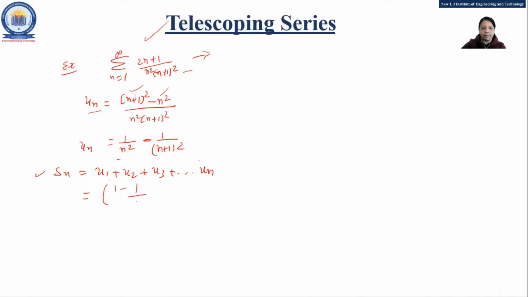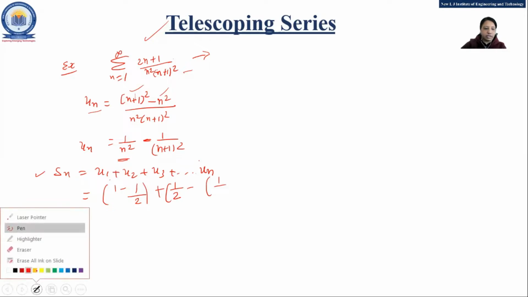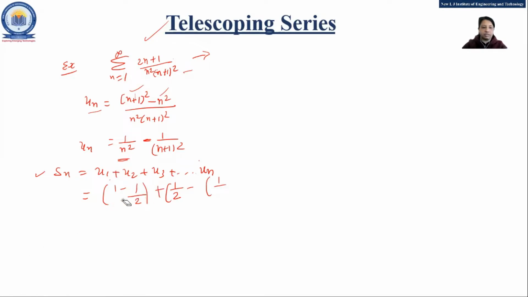First we'll apply it in this only. So it will be 1 upon u1, that is 2, and the bracket is not supposed to be there. Just put n equal to 1 into this, and again just put the value of 1.